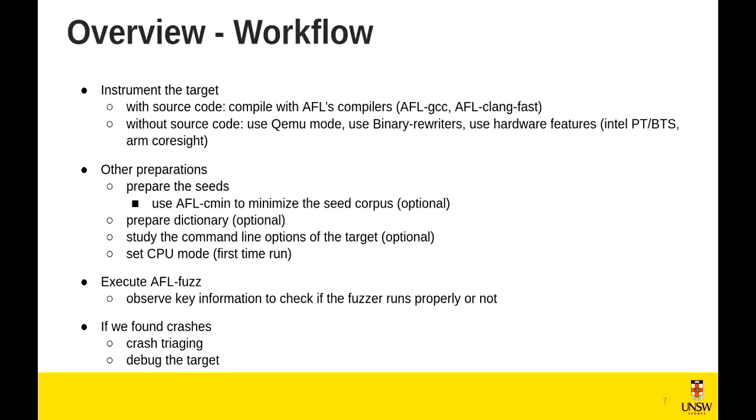And that's why we need to do some kind of root cause analysis and try to debug the target. Because if we want to report bugs to the developers, we need to write a bug report. We need to do some simple debugging to explain the root cause of the bug. And this is the overall workflow of using AFL.